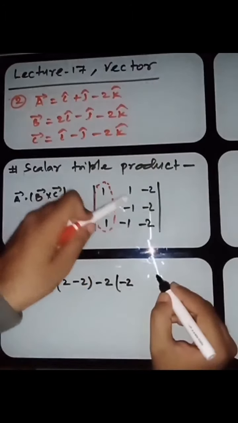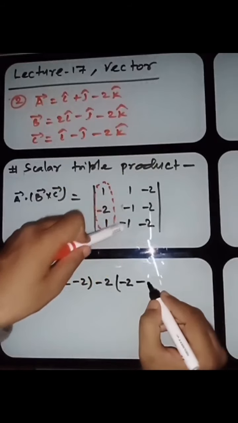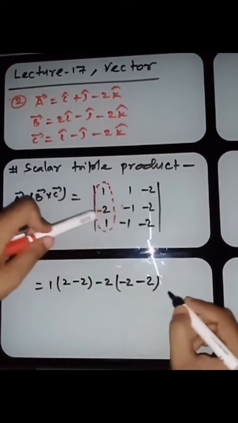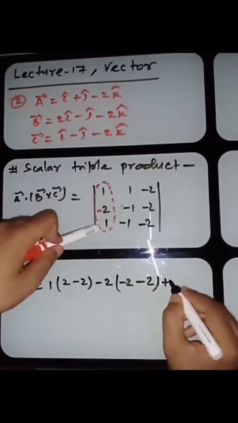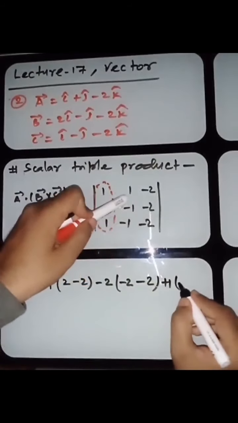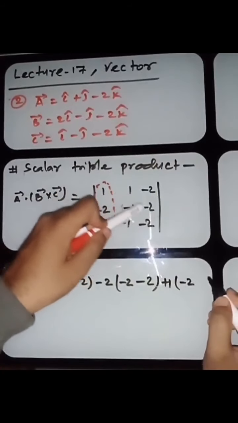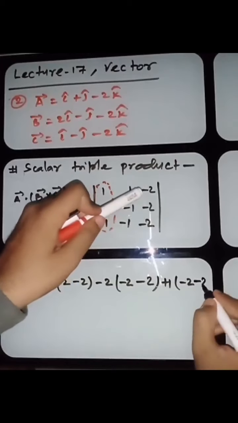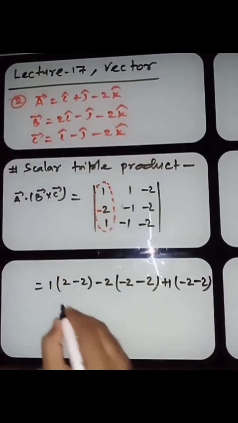All right, minus 2 and minus, and it is plus 2. Now the third one, it is the plus 1. The plus 1 is split this way, minus 2. You can see the minus 2, and in the formula minus, and it is 2.